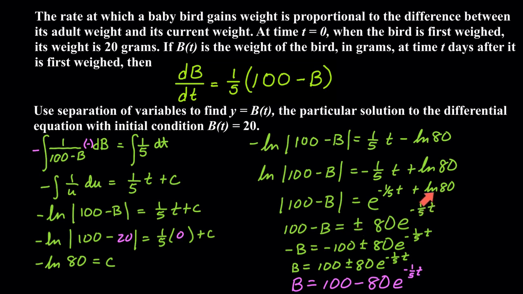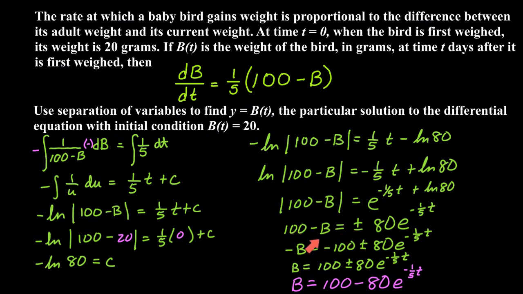I also made this e to this power times e to this power, and e to this power is 80, so I put that in front of the e here. Now make sure you put it as a coefficient of the e, not in front of the plus or minus over here. There's a big difference there.